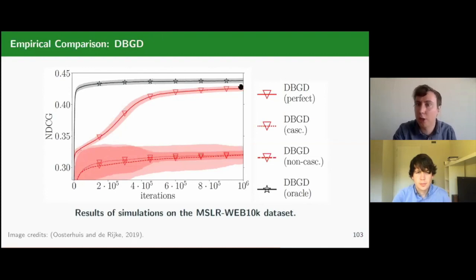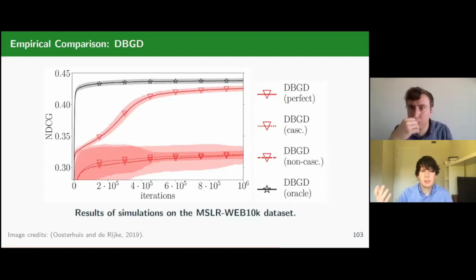It's still working its way there. This seems to suggest that if we find a better interleaving method, it could still improve the performance. Exactly, yeah. If we were able to more accurately say whether rankers are different, we could get closer to this black line. And we see that this black line is improving incredibly fast in the early parts of this plot, so there seems to be a lot of potential to gain there if you had better interleaving, indeed.